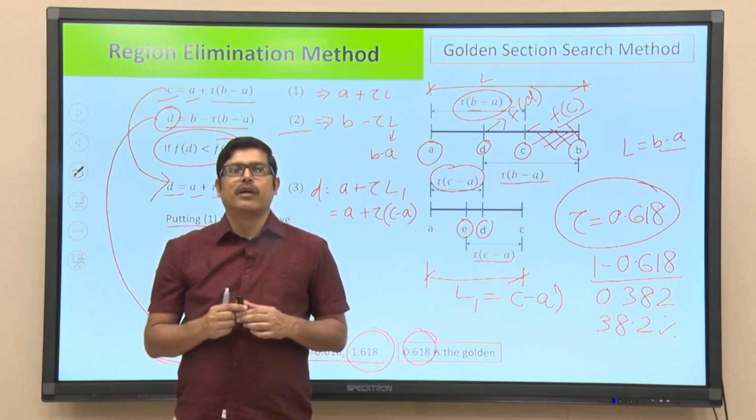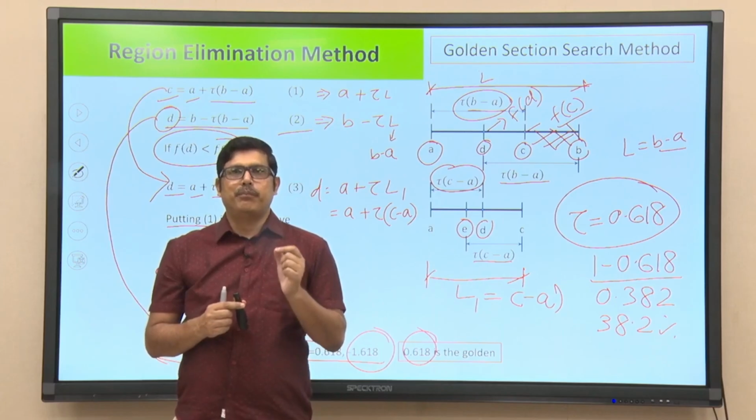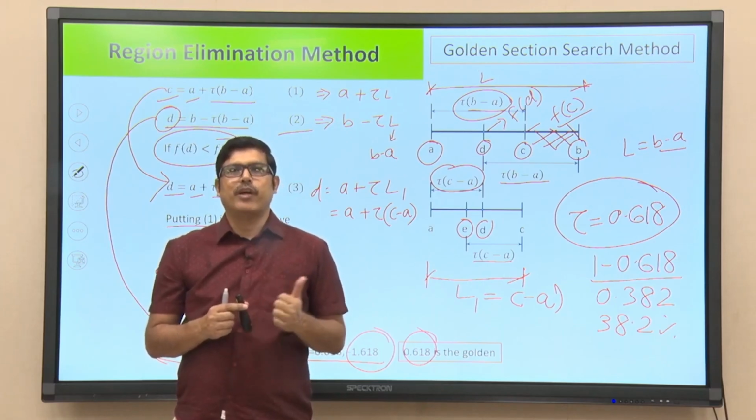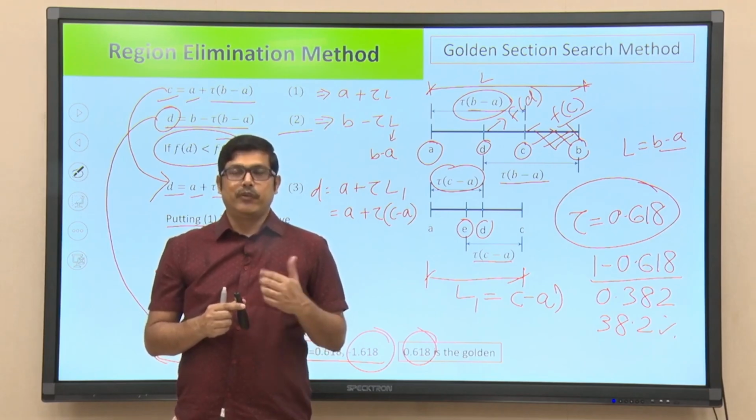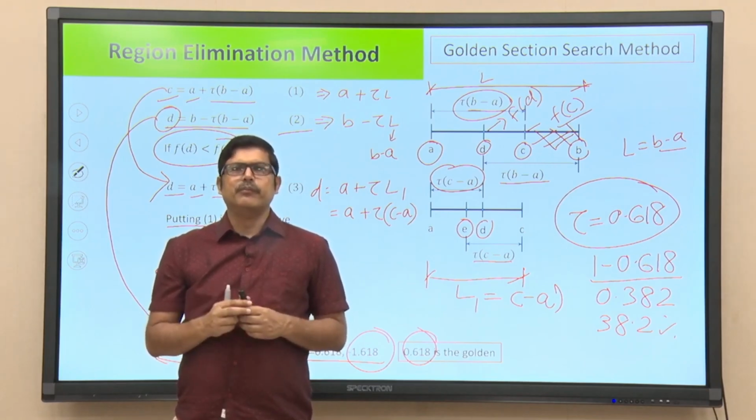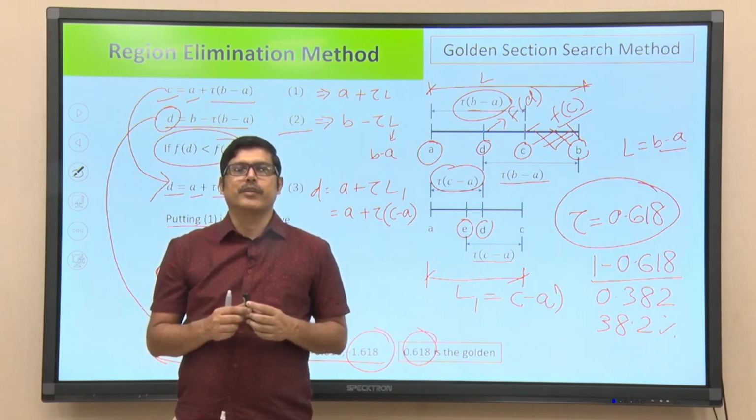Okay. So, the area eliminated per function evaluation is 25%, and in this case it is 38.2%. So, if you compare these two methods, the golden section search method is more efficient.